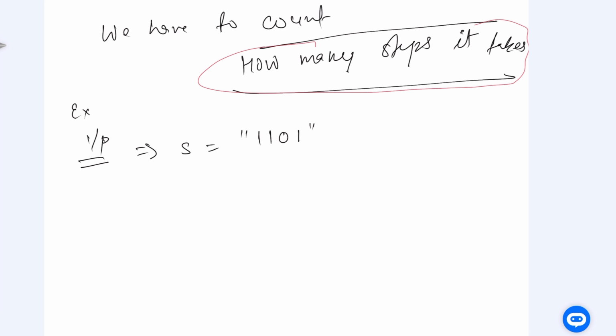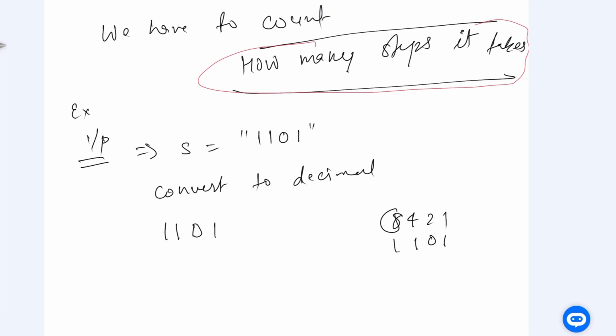Now, in a very simple way, we should understand that we can convert it to decimal. How will we convert this? 1101 will be converted using the formula 8421, where 1101 means 8 plus 4 is 12 and this 1 is 13, so it converts into 13.